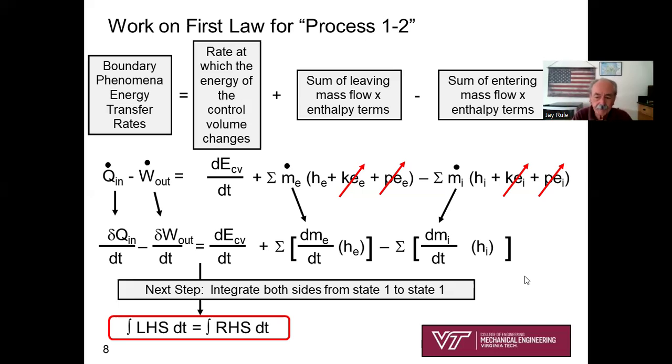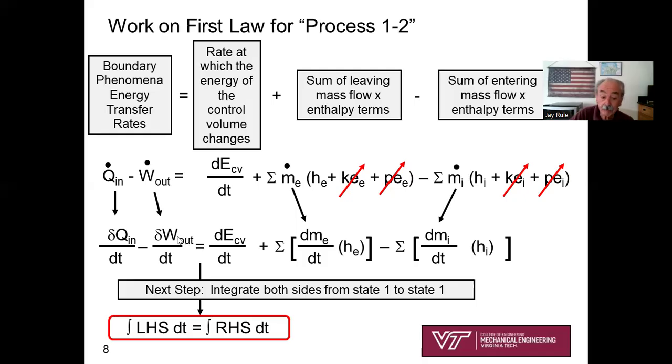All right, next step. I've got to pull a little bit of a mathematical trick. I've got to go back to calculus class, like freshman calculus, and refresh my memory that Q dot is the mathematical expression for delta Q in dt. So in other words, the rate at which heat is added to the system. W dot, same thing, delta W/dt, sort of the time rate of change of work going into the system.